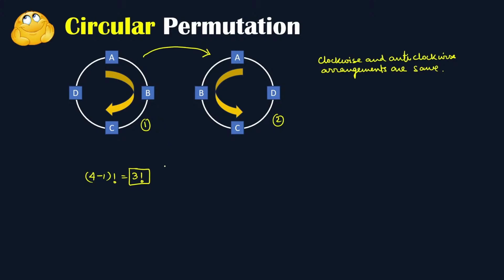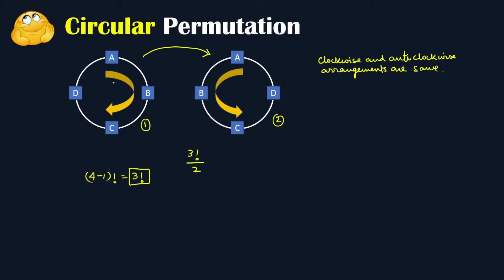If it is so, and I ask you how many different arrangements they can do, what will be your answer? Your answer will be factorial 3 divided by 2. Why is it so?